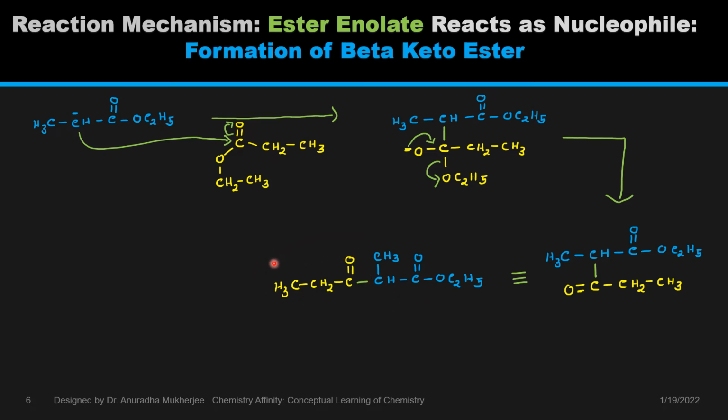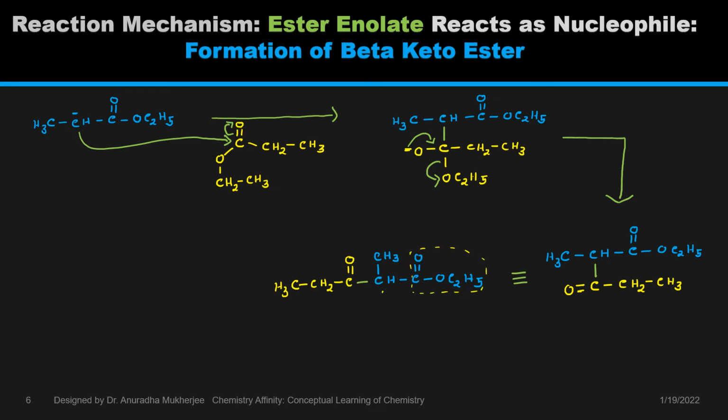So the yellow one, you can see this part is coming from one molecule of ester where this carbon is the electrophilic center, and the blue part is also coming from another molecule of the ester, but this carbon is acting as a nucleophile. And then there is a new bond between the electrophilic carbon and the nucleophilic carbon. And here you can see that this is the ester group.